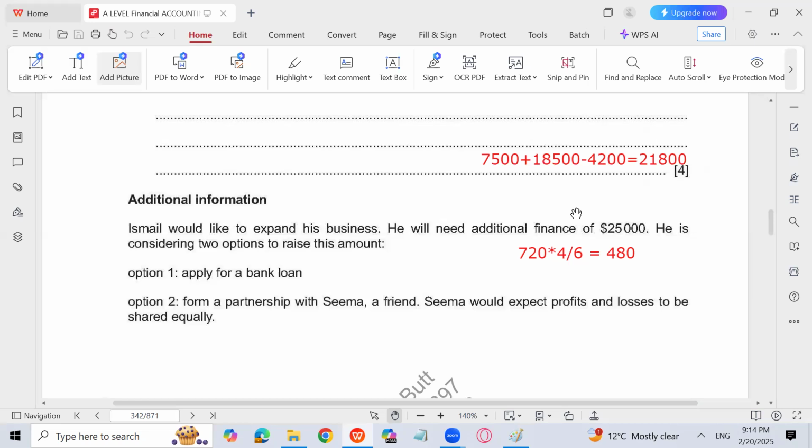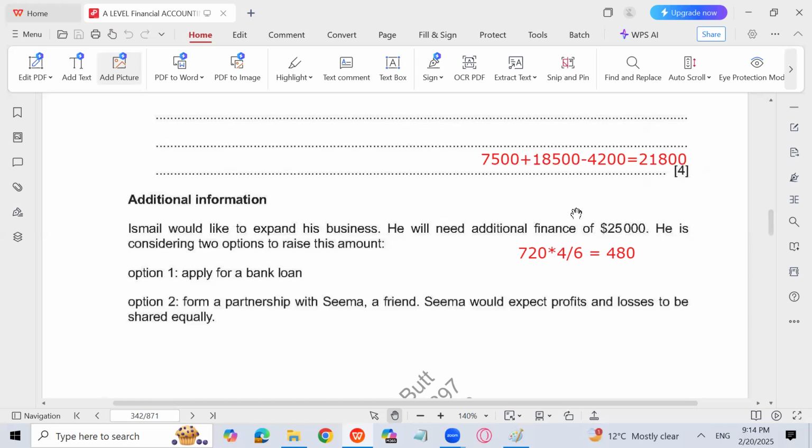If we talk about option two, form a partnership with A.C.M.A, a friend, because A.C.M.A is a friend, definitely the relationship with A.C.M.A is very good. And when he is coming, definitely he will come with some expertise, more skills, right? But unfortunately, the profit has to be shared. If the profit is going to be shared, obviously the workload will also be shared.